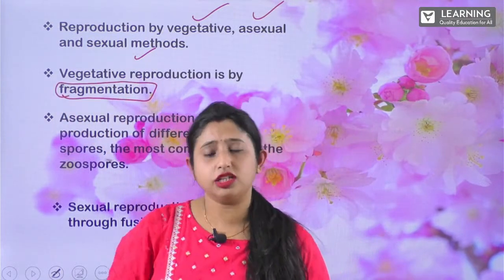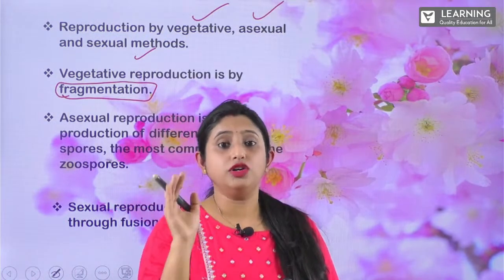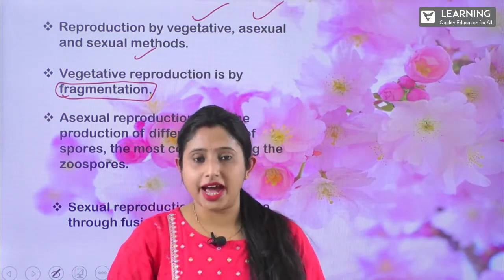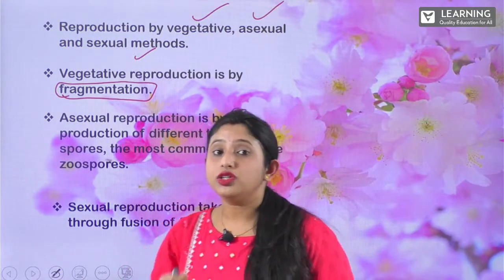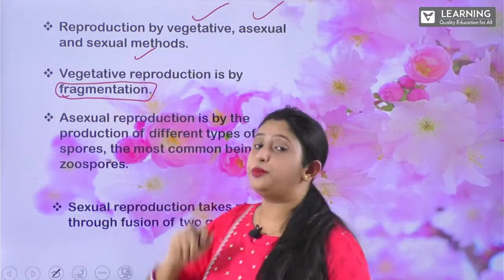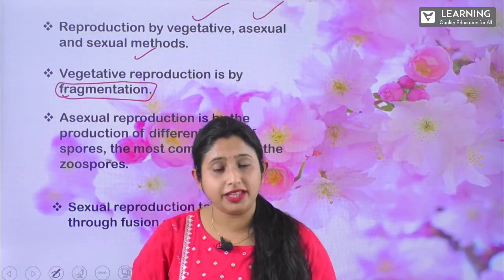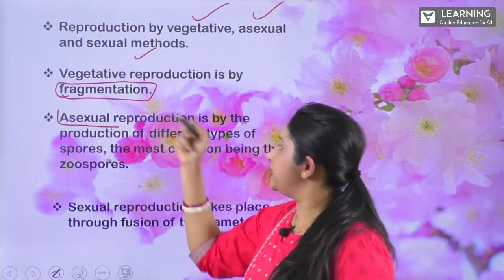So you all know what is fragmentation, right? Where the parent body divides into fragments, and from that new daughter cells are formed, right? Yes. So that is nothing but fragmentation. So vegetative reproduction takes place by the method of fragmentation. And how do they reproduce asexually?